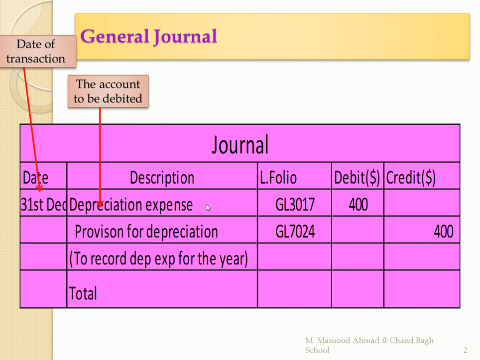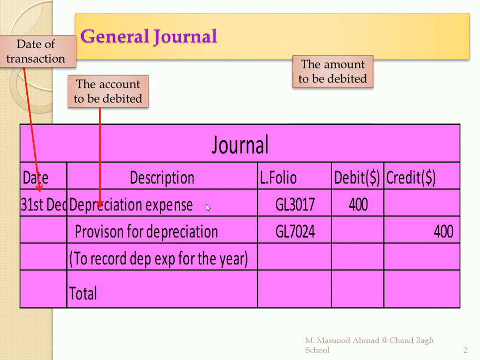In the same way we have given roll numbers to all the accounts in our accounting system. The roll number of depreciation expense is GL 3017. So whenever the system calls GL 3017, it means they are calling depreciation expense.